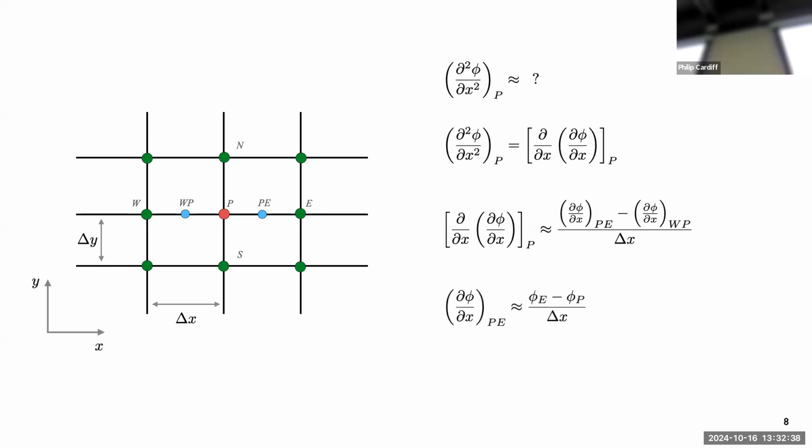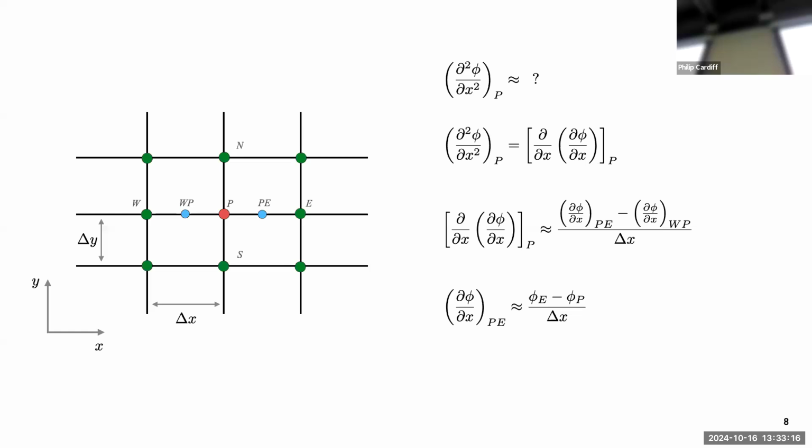But we're not done, because we want to write this whole term in terms of the values of phi at the nodes. At the moment, we've just written it in terms of the gradient of phi at the center of these edges. So if we look at the gradient of phi at PE, we can add a second approximation. We can say that it's equal to the value of phi at E minus the value of phi at P, divided by that distance. I'm assuming the mesh spacing is uniform, delta x.